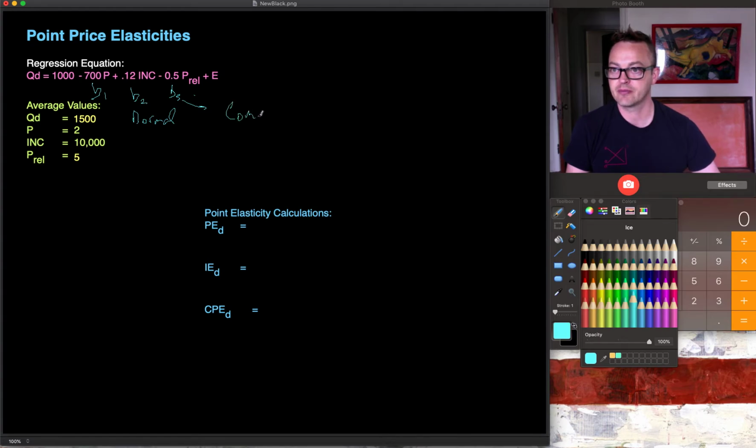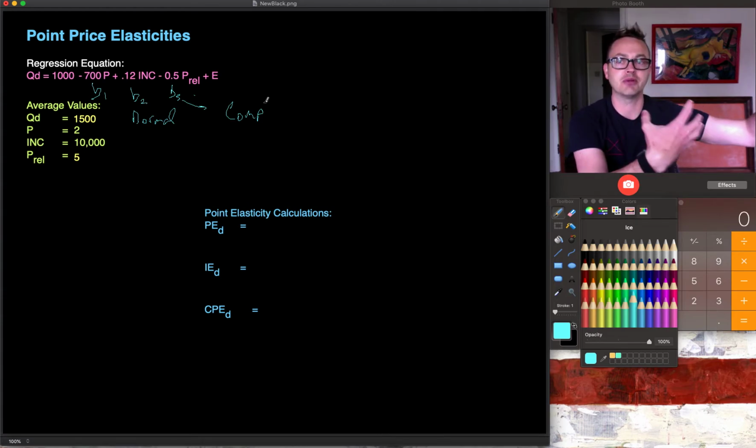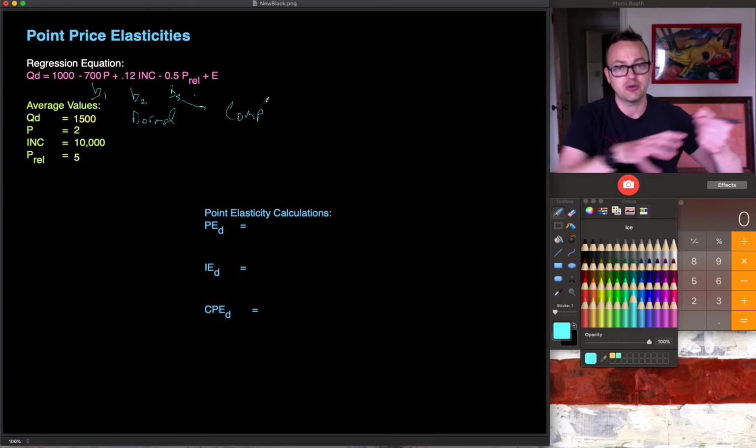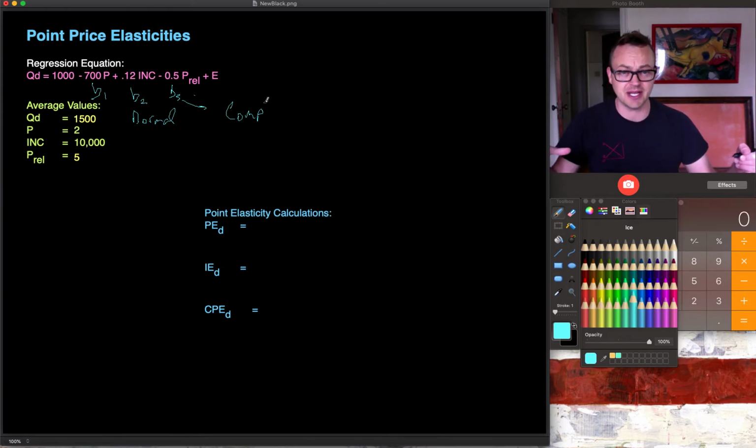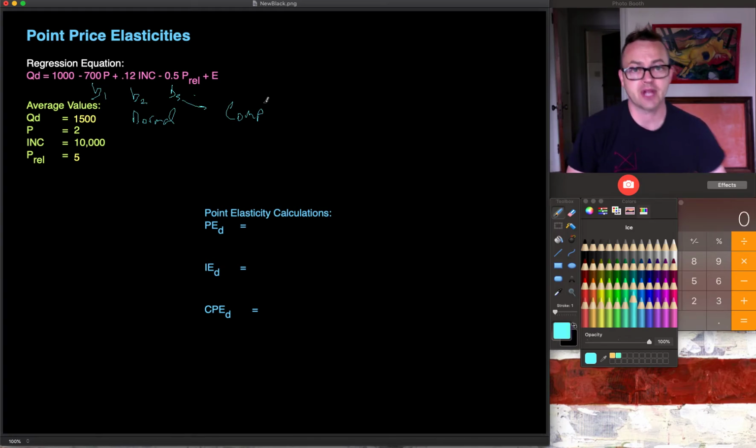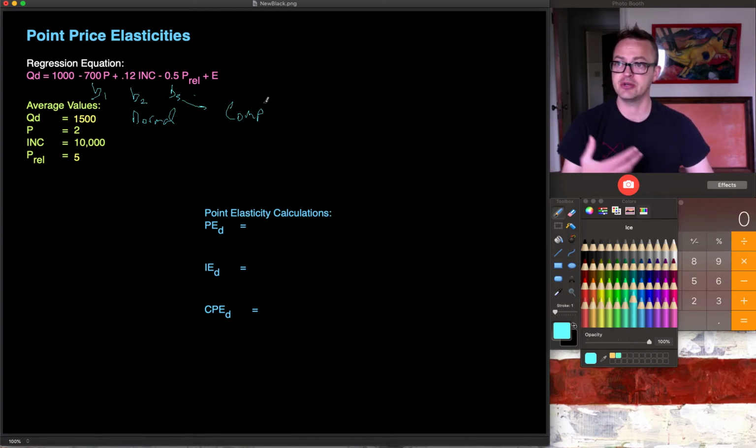Okay? They're goods that are bought together. So if the price of a complementary good goes up, we may buy less of the combination. So there's a negative effect on our good. Okay. So that's how you would use regression, interpret these theoretically.